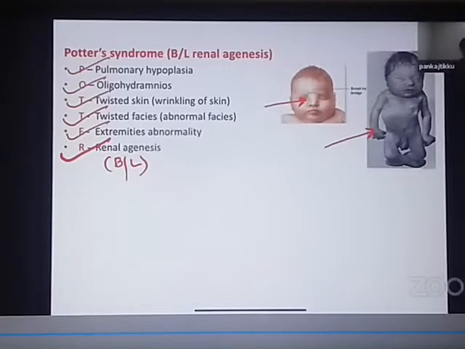P stands for pulmonary hypoplasia, O stands for oligohydramnios, T stands for twisted skin, T stands for twisted facies, E stands for extremity defects, and all of this is occurring because of bilateral renal agenesis.